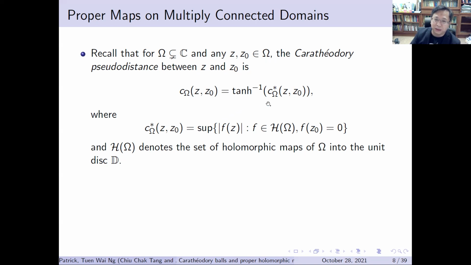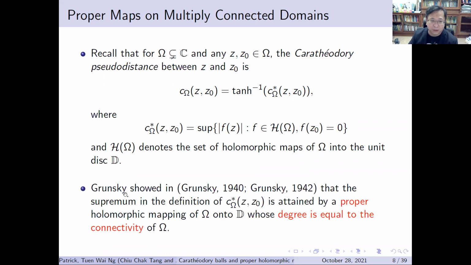The function we are going to consider would be holomorphic and send z to 0. And it's not clear whether the supremum actually can be attained by some function, but then Grunsky in the 1940s actually proved that the extremal function for this optimization problem is a proper holomorphic map from omega onto D. Moreover, the important thing is he proved that this proper map has to have a degree equal to the connectivity of omega.